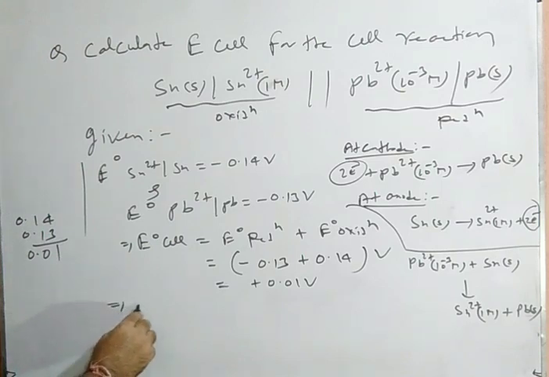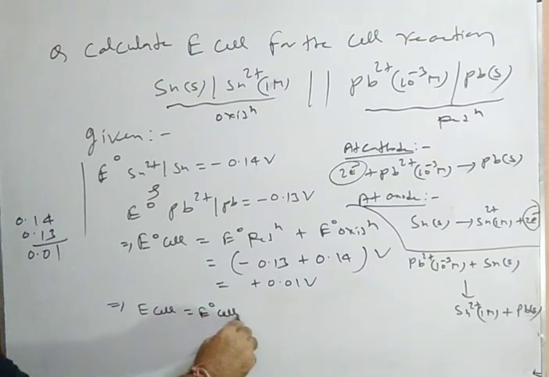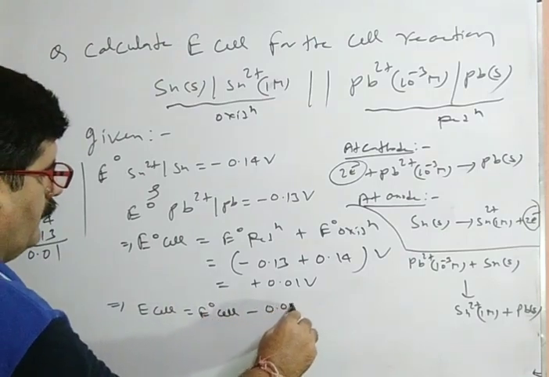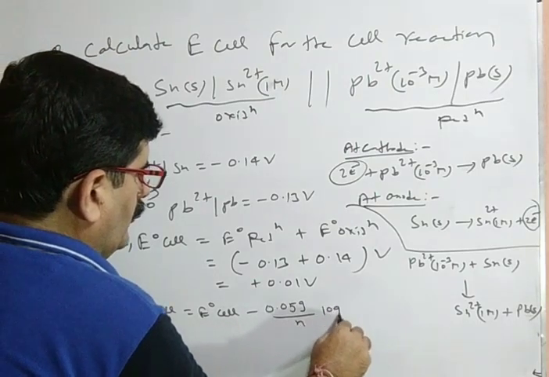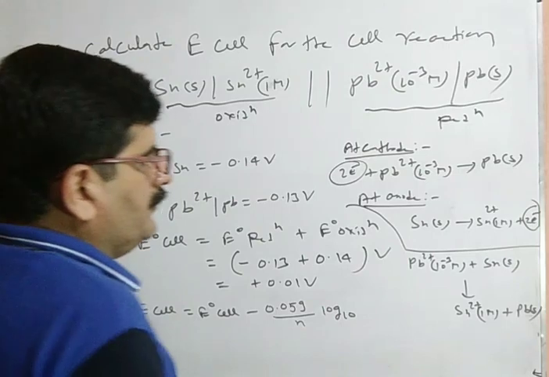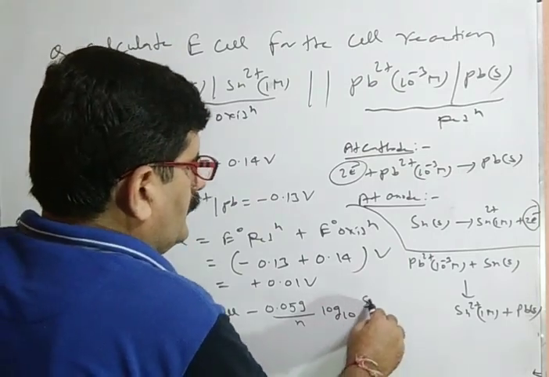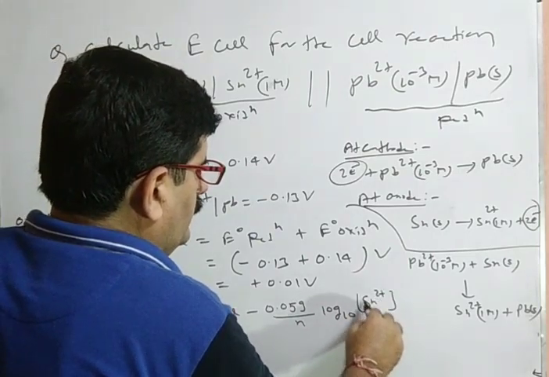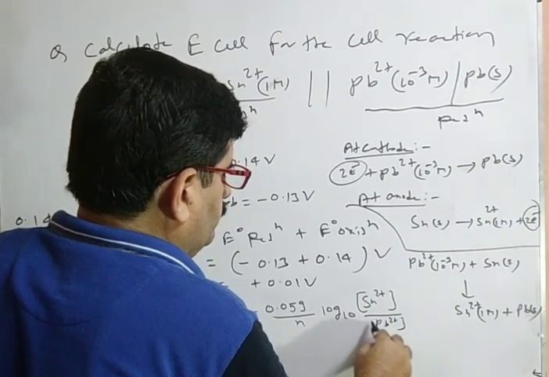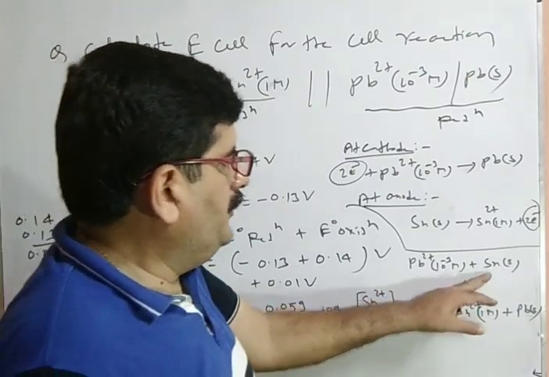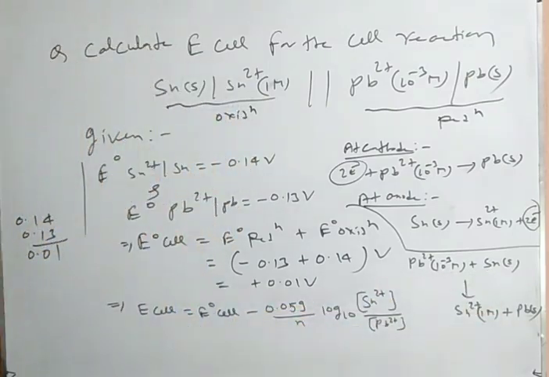According to the Nernst equation, we know that E cell is equal to E naught cell minus 0.059 divided by n log base 10 of product. Product means what? Sn2 plus divided by reactant Pb2 plus. The concentrations of tin and lead are considered to be unity because they exist in the solid phase.